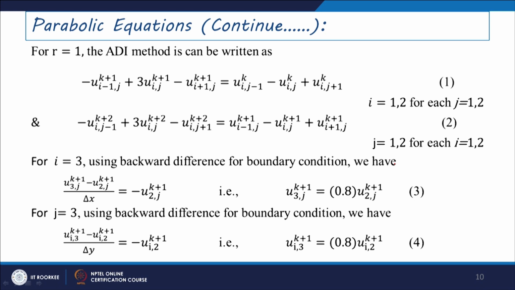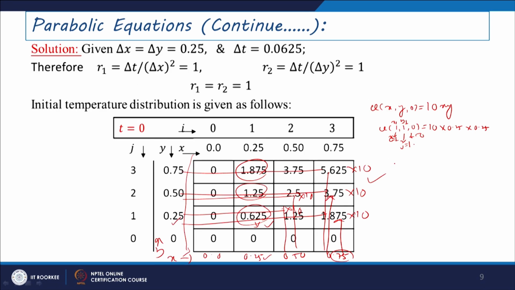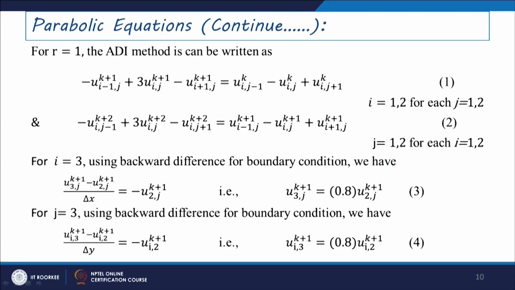Since r is considered as 1 here, r2 equals to r1 equals to 1, where r1 is del t by del x square and r2 is del t by del y square. So, both these values are considered as 1 here. That is why r1 equals to r2 equals to 1 we have considered. So, if you put r1 equals to 1 and r2 equals to 1 here.